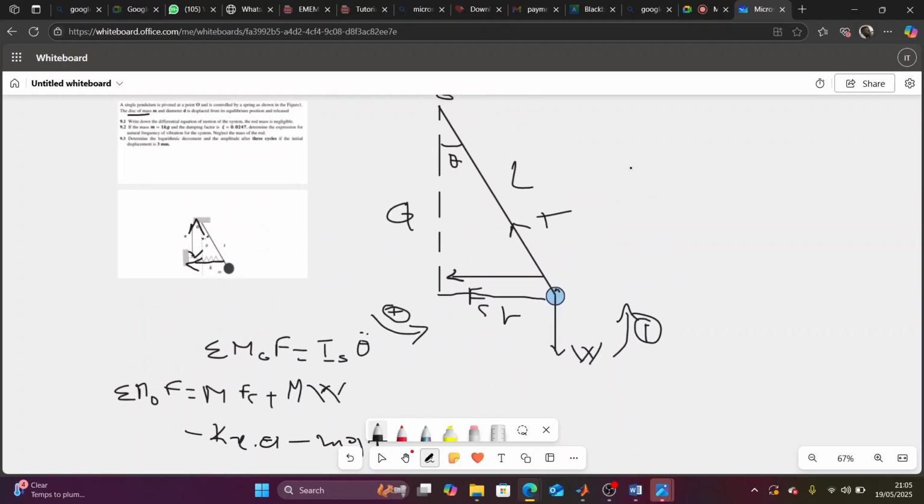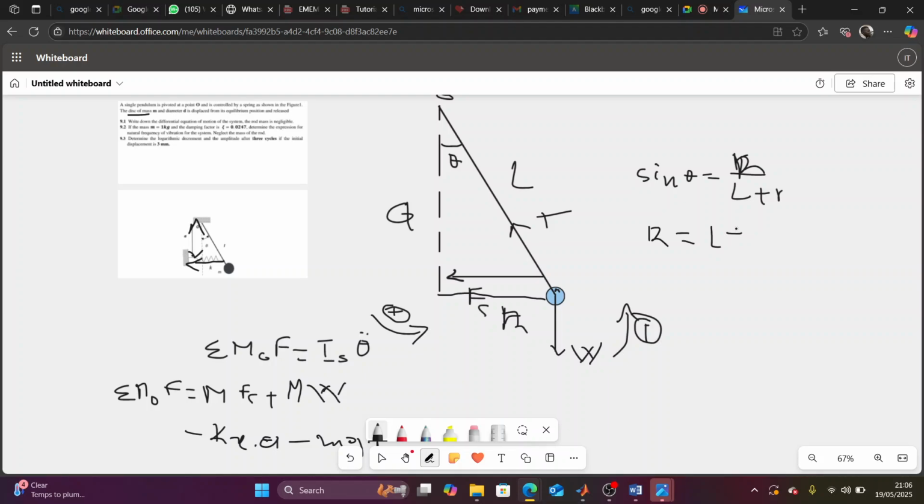Now let's look at something here. If you go sine theta here, what is the opposite side? R. What is the hypotenuse? It is L. L is from here to here, plus the radius. So to avoid confusion, I will call this one big R, so that you can see what we mean. So what is big R?